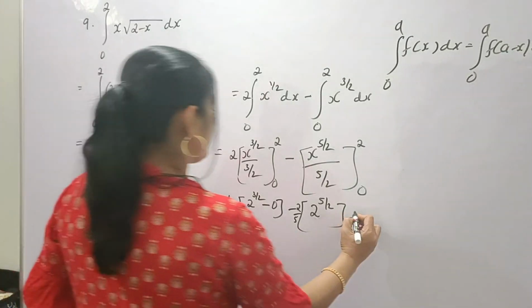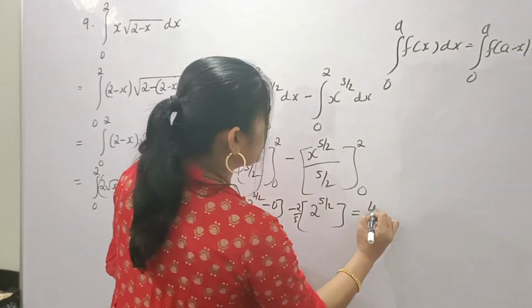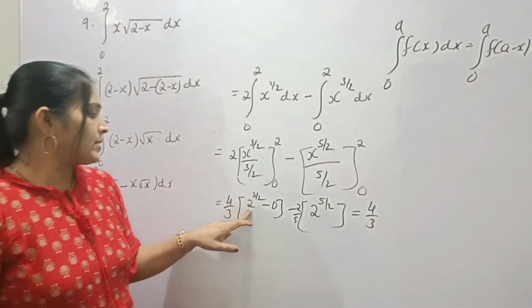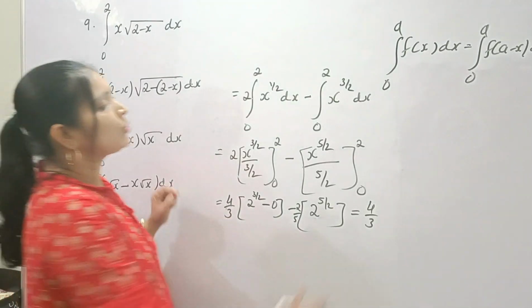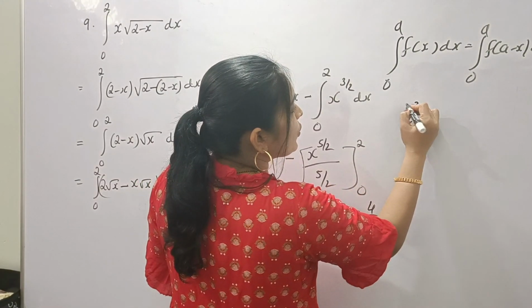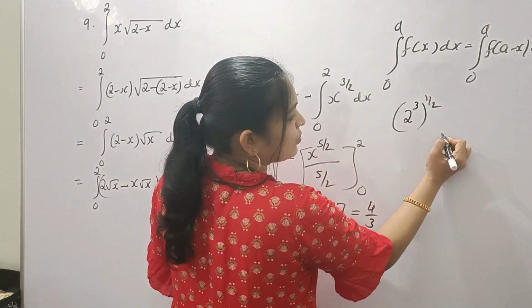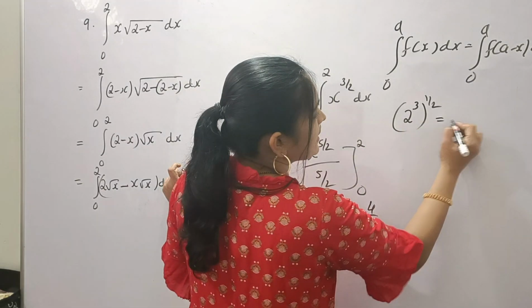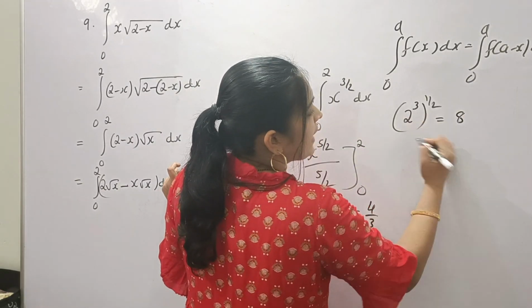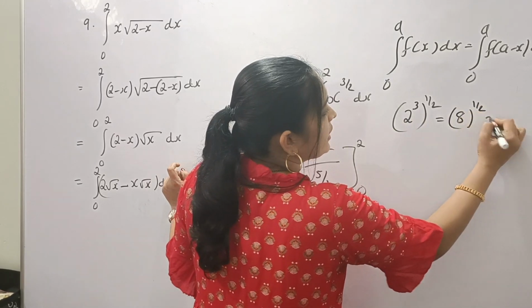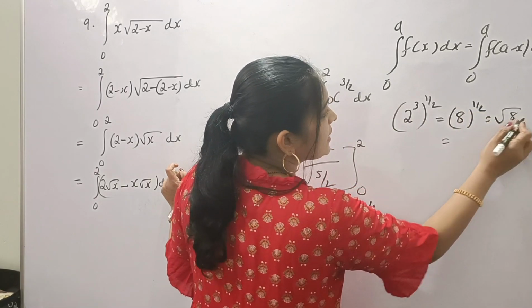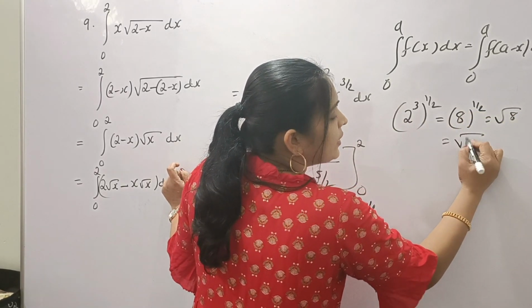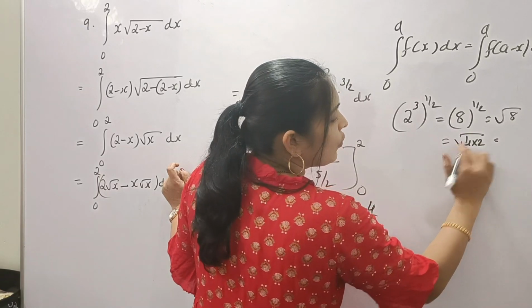That is equal to here 4 by 3 into, see what is 2 raised to 3 by 2? That is 2 cube whole raised to 1 by 2, right? Or we can write root 2 whole raised to 3. That is equal to 8 raised to 1 by 2, that is root 8. What is root 8? Root 8 is nothing but root 4 into 2. Root 4 is 2.